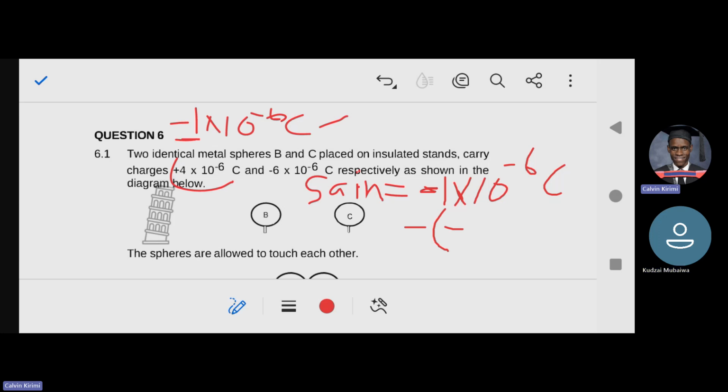If you are dealing with this one, minus 6 times 10 to the power negative 6. What are you getting? Put it in your calculator, only the number, and tell me what you are getting. Yes, sir.